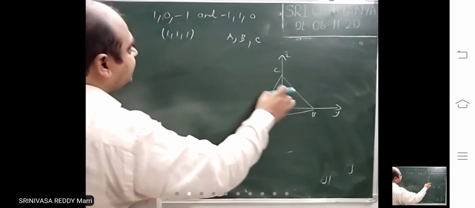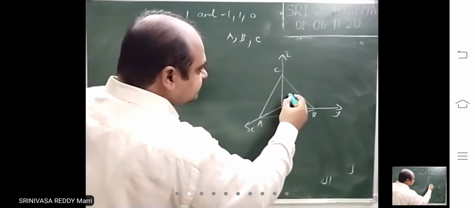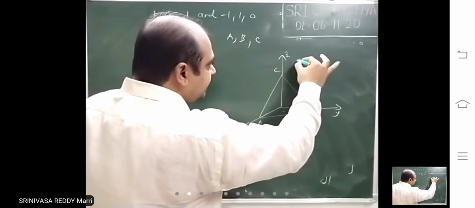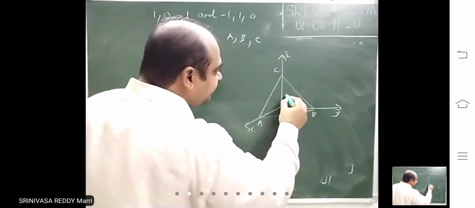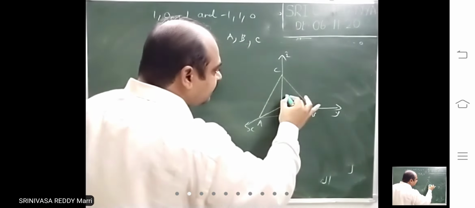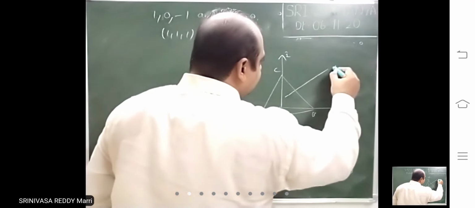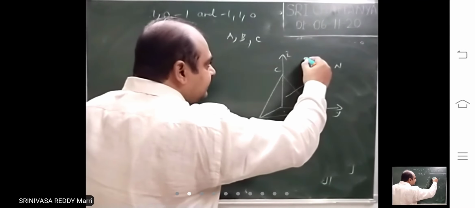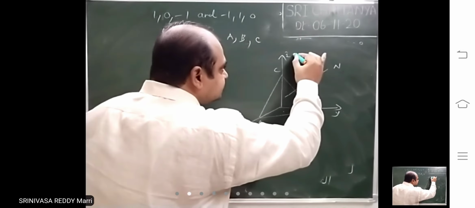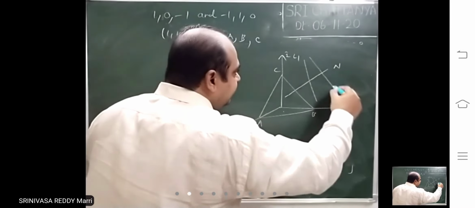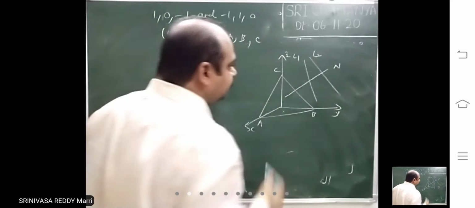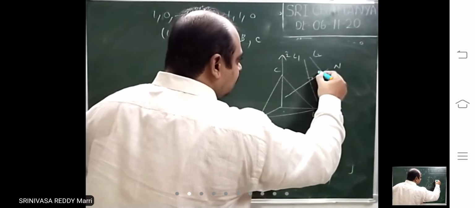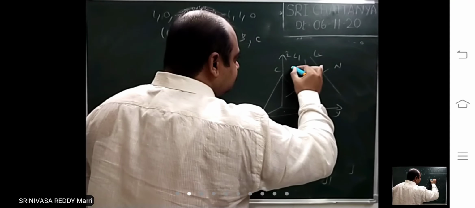This plane is parallel to two lines, L1 and L2. Let us say this is the normal line to the plane. It will be perpendicular to those two lines.